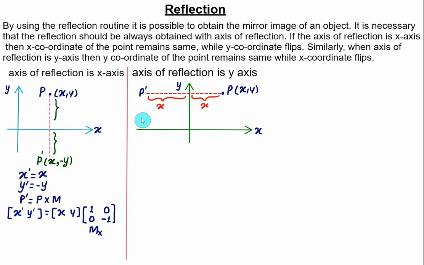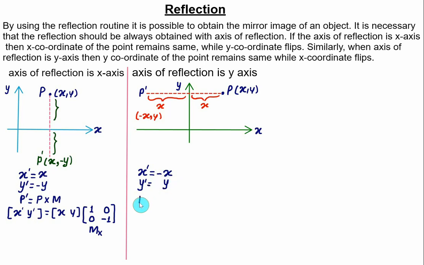So the coordinate of P prime will be minus x, y. So we have x prime equal to minus x, and y prime will not change, it will be the same, equal to y.